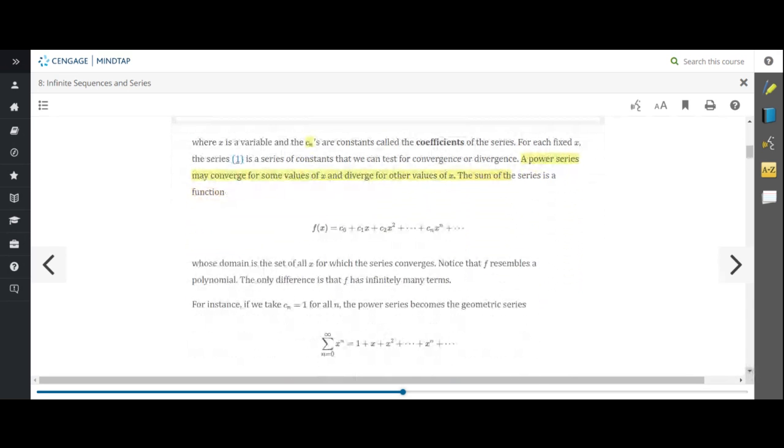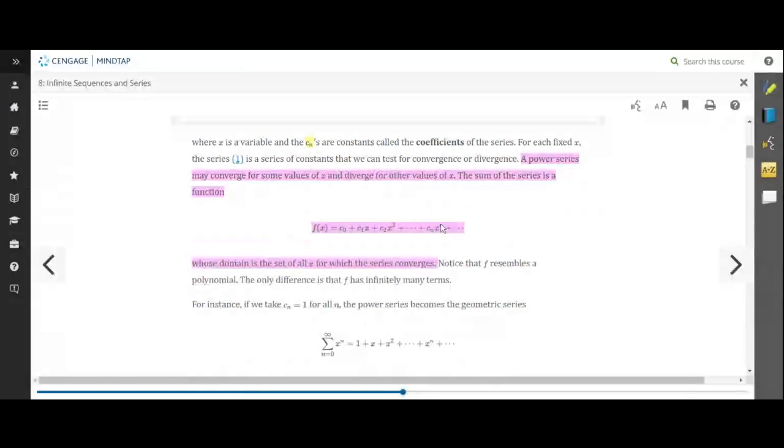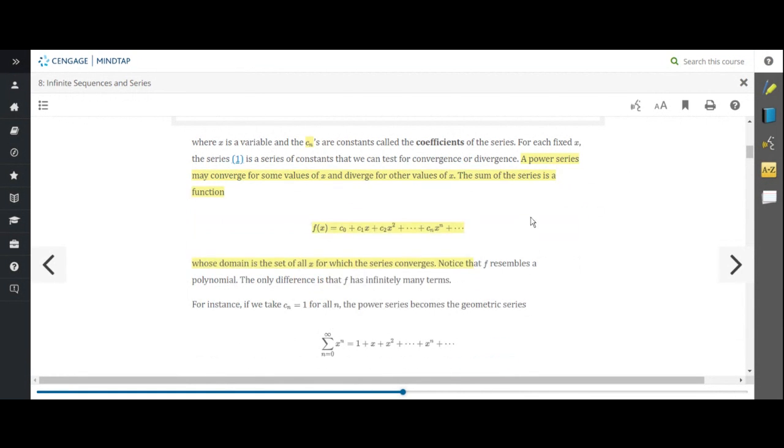This is very important here: the sum of a series is a function.